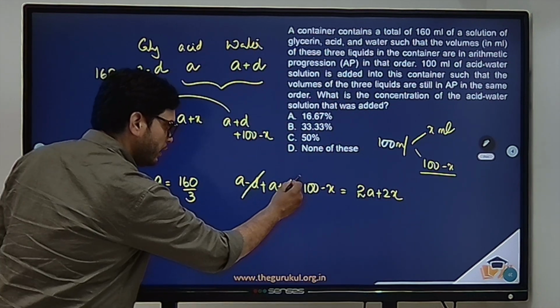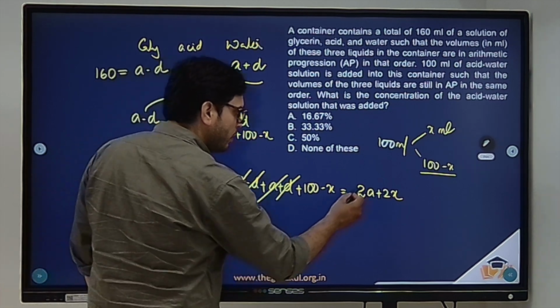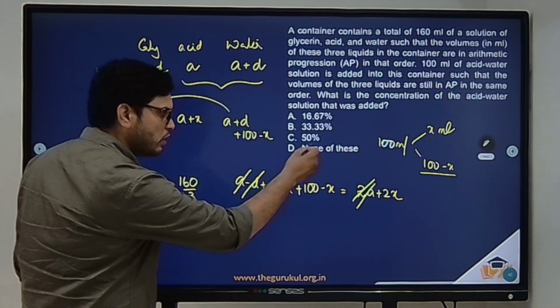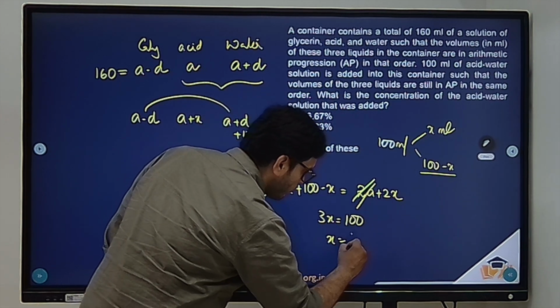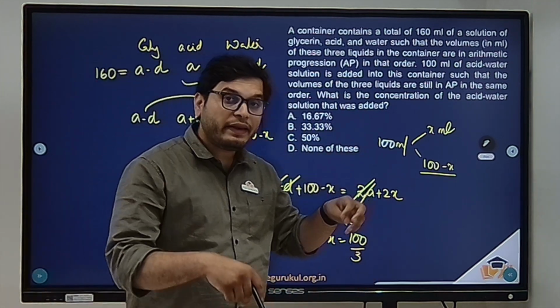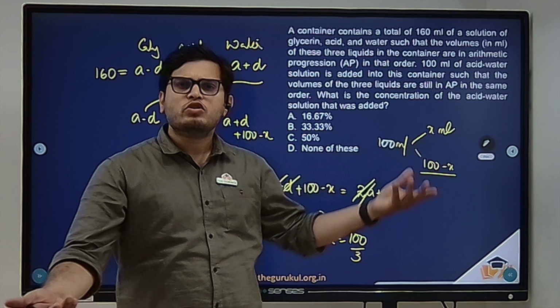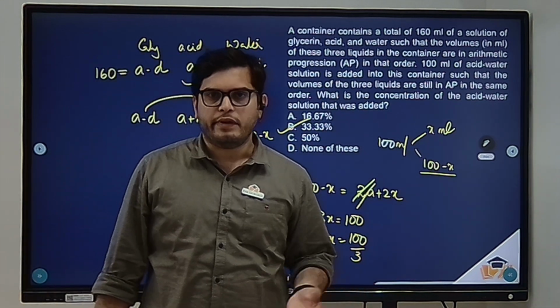So I can cancel D and D. What do we have? We have 2A and 2A gets cancelled. So 3x is equal to 100, or x is equal to 100 by 3. Right. So there is 100 by 3 ml of acid in that solution. So the concentration of that solution is 33.33% acidic.